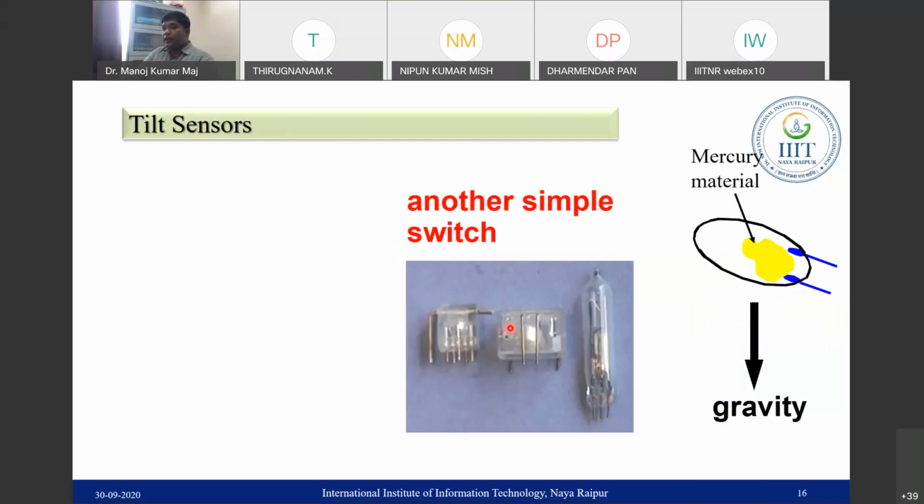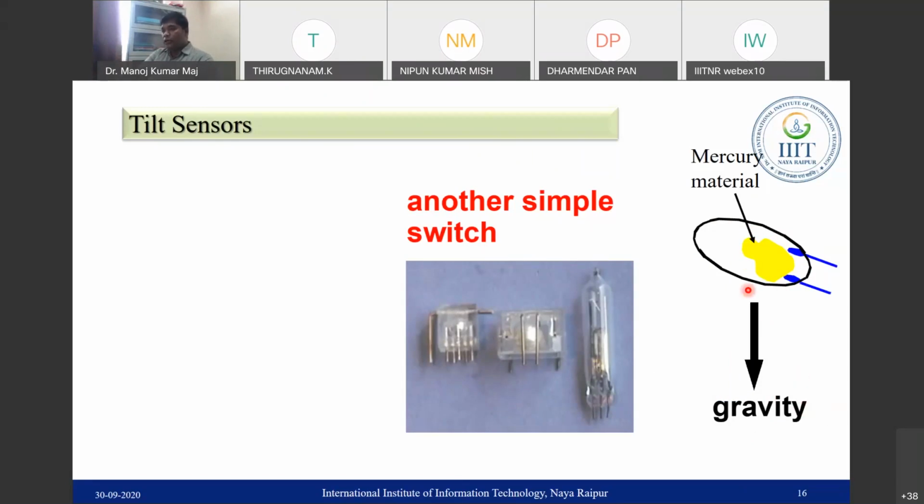Then there is the tilt sensor. In this tilt sensor we use some mercury material. Using that mercury, it follows gravity. Whenever we tilt the device, the mercury shifts to that side, and using that shift, it can detect the environmental gravity, and so it can sense.